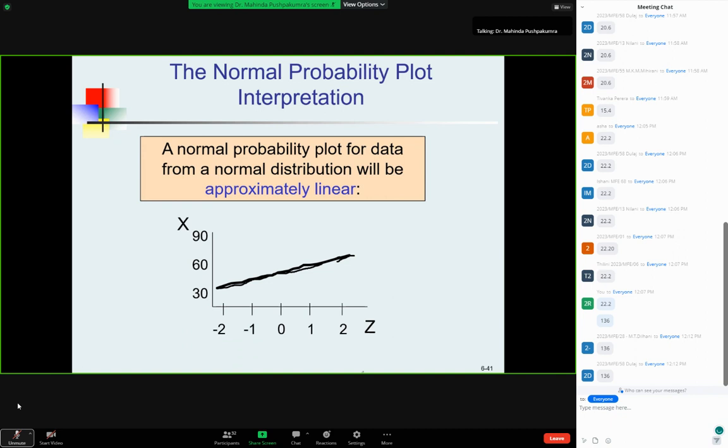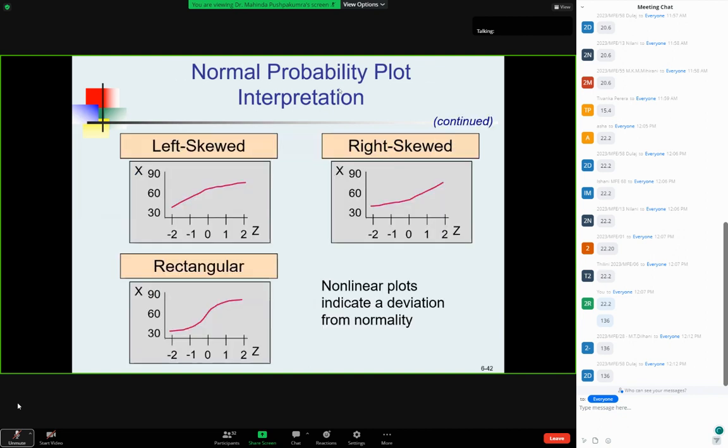Approximately linear. Then if it is left skewed, the normality curve is like this. If it is right skewed, the curve is like this. If it is rectangular, the curve is like this.